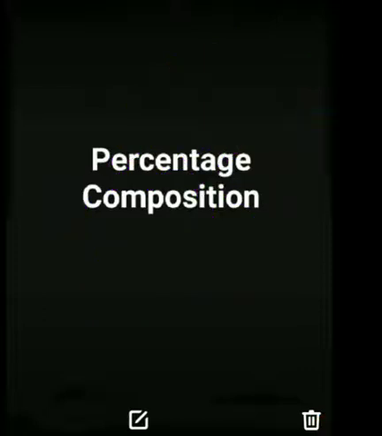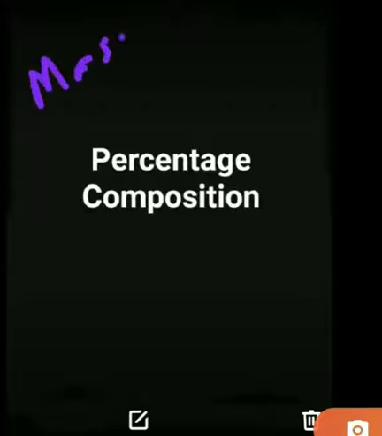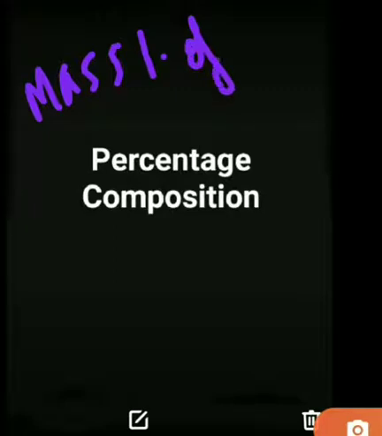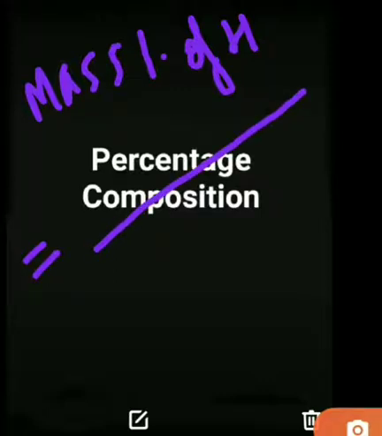So for this, what you have to do is just write the formula. If we are going to calculate the mass percent of hydrogen, then the formula is: at top there is the mass of that element in the compound.